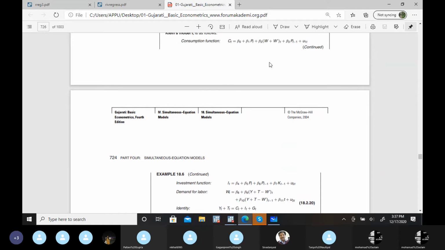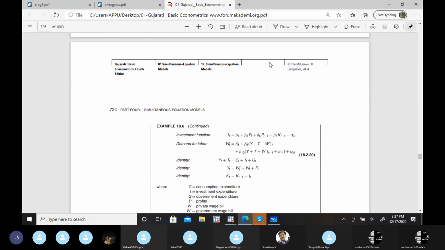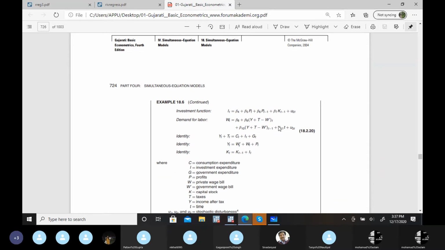P t minus 1 is 1, P t is 2, K t minus 1 is 3, and then government expenditure is 4, and fifth is small t, although it's not mentioned. It's the time here. So again it's 5. So we have 5 predetermined variables.